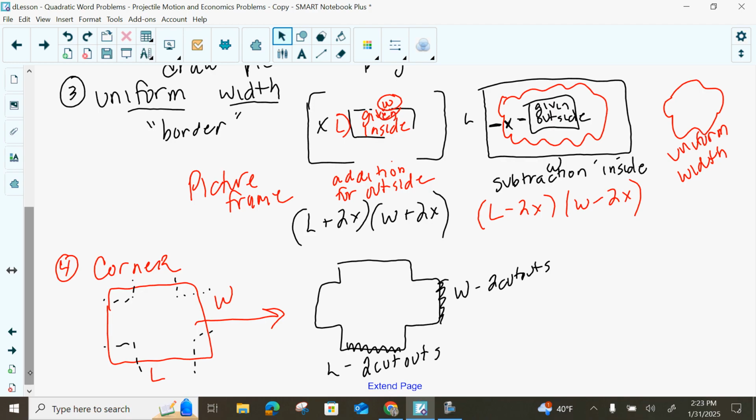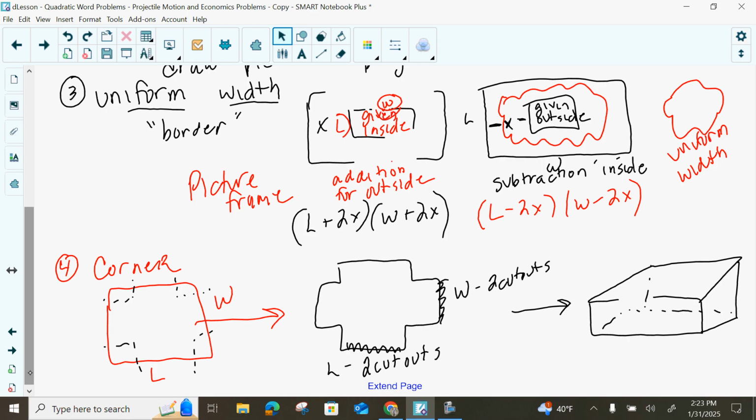So then what ends up happening is we have a rectangular box, right? I get a rectangular box that looks like that. And usually I'm finding volume: length, width, and height.